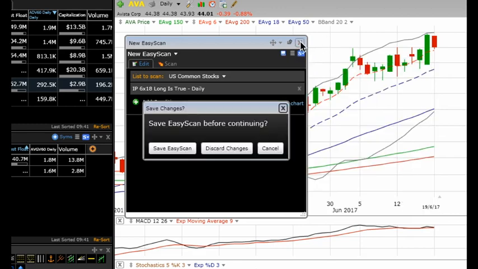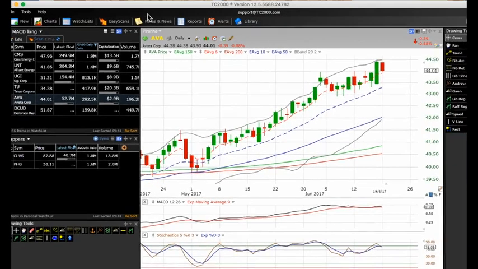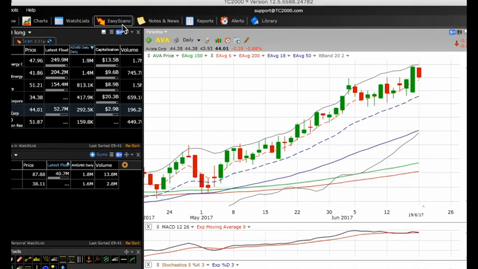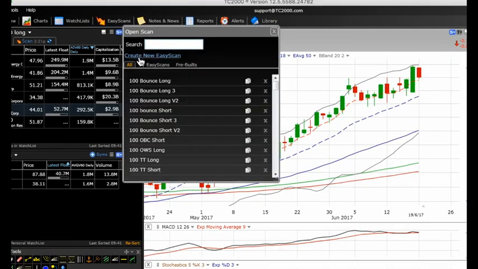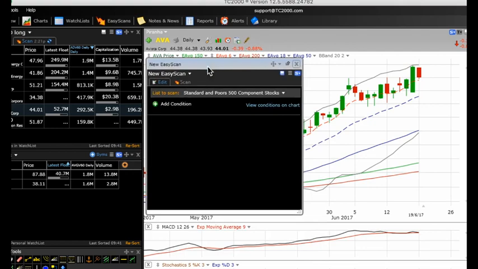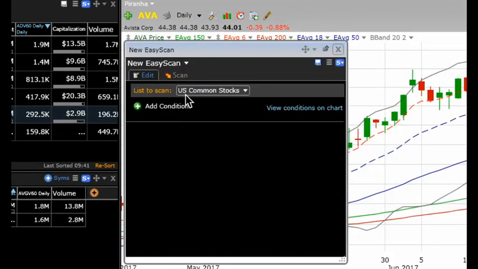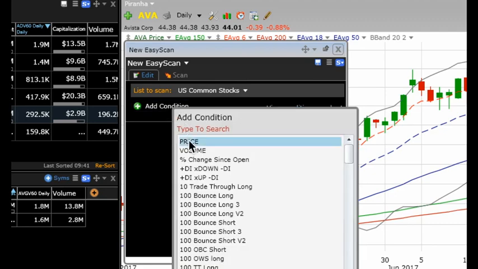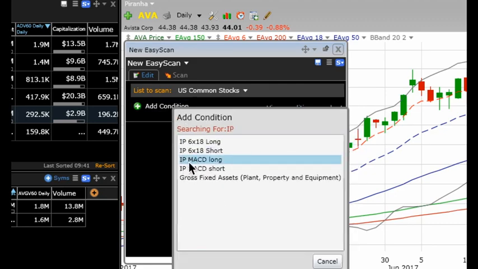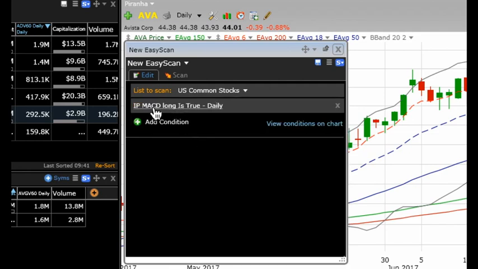Okay. So once you've done that, create another easy scan. Again, scan all US stocks. This time, the second scan would be impulse pullback MACD long. So this is based on MACD signal, right?